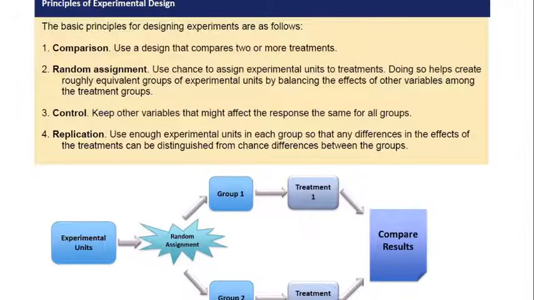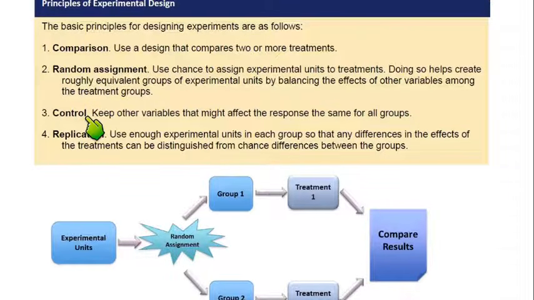Okay, so the stuff on this page is really just an overview of the principles for experimental design. There are 4 big ones. Comparison, so 2 or more groups to compare, whether it's just caffeine and the group that gets nothing, or if it's caffeine and sugar and the group that gets nothing. You need to have groups to compare. Random assignment means you randomly assign the experimental units to the treatments.